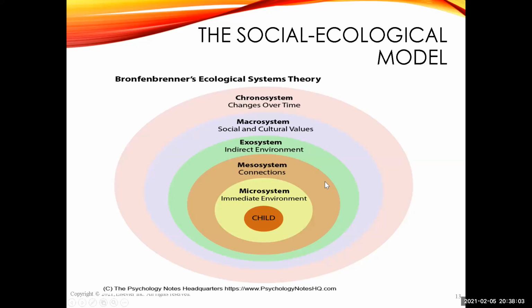So this has actually been used in nursing research and practice in relation to researching health disparities, because it provides an understanding of the interrelationships between the individual and the other systems.